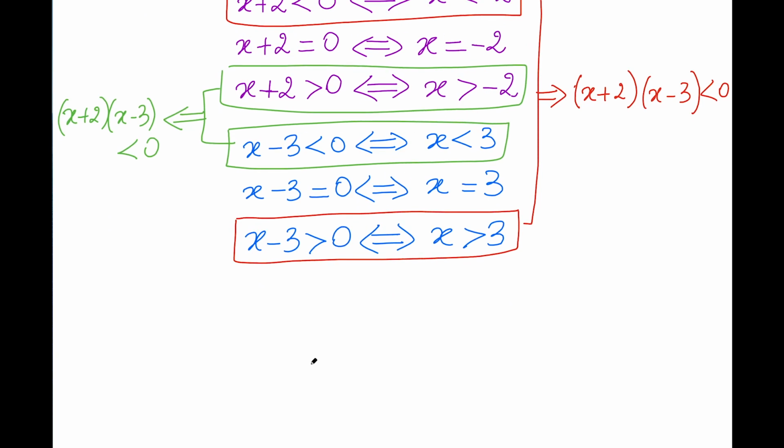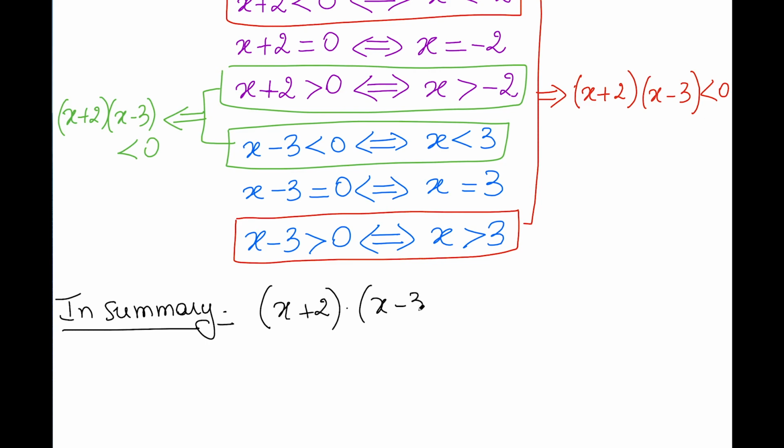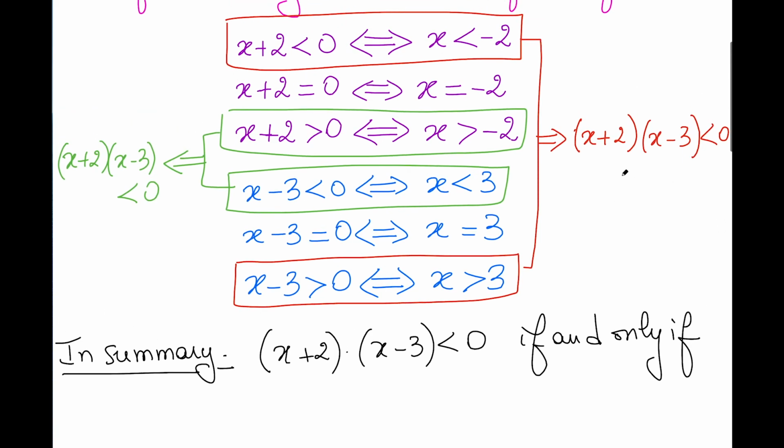So let's summarize our work. In summary, we have that the product (x + 2)(x - 3) is negative if and only if either the red part that we just discussed above, which means this factor is negative, in other words, x is less than negative 2, and also this statement holds, which means x is greater than 3.